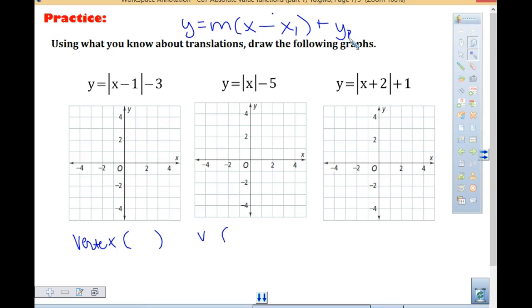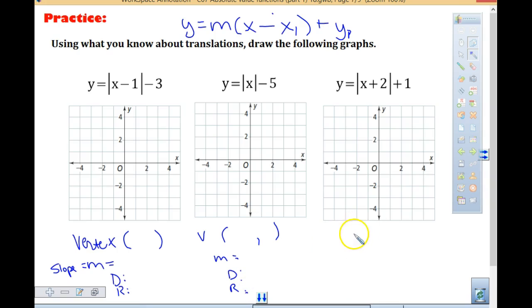So first we're going to find the vertex. The next thing we're going to find is the slope of each one, the m or our slope. Then we're going to talk about the domain of each one and the range. So we're always going to have the vertex, the slope, the domain, and the range.